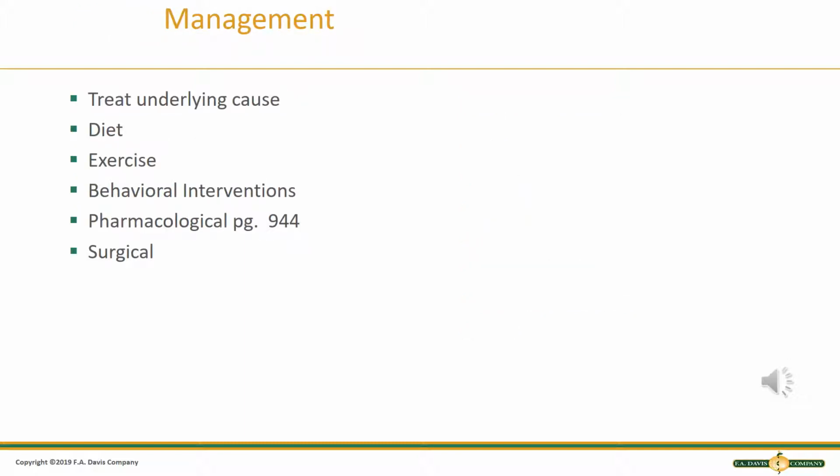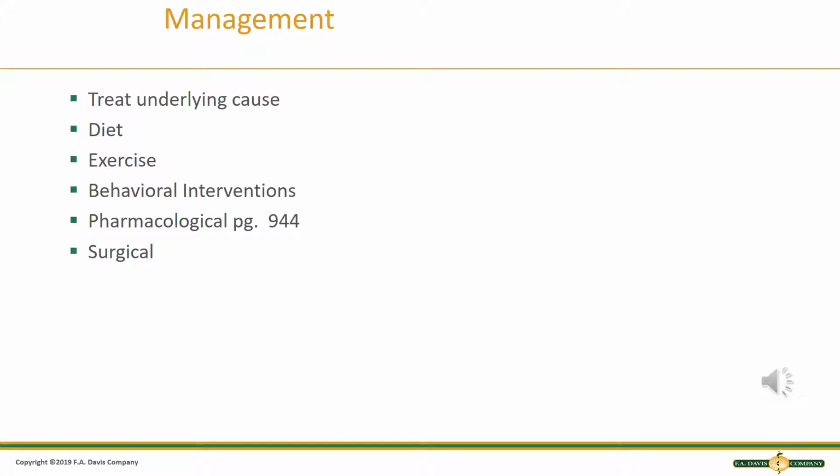The goal of treatment is mainly to reduce visceral obesity and comorbidities and decrease the risks for other comorbid conditions. Secondary causes need to be treated, so you need to find out what the underlying cause is and then treat that, such as, for example, hypothyroidism.